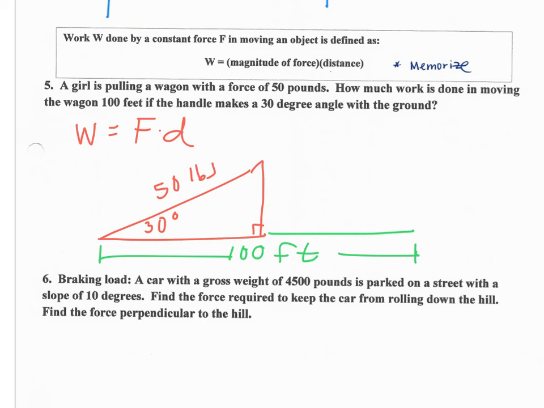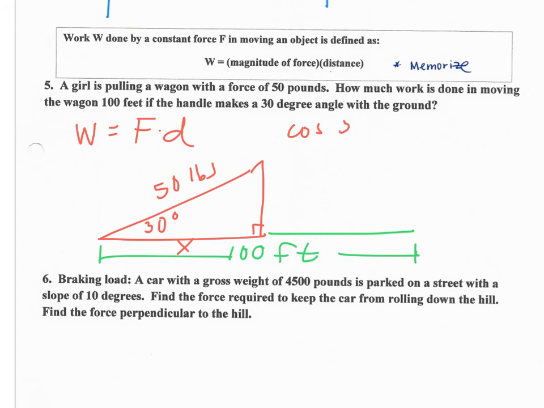If the distance is horizontal like this one, then I need to find the force that's horizontal like this one. So I'm going to put a red X on my triangle. So when I'm trying to find the force, I want the horizontal force on the triangle so it matches the horizontal distance. Okay? Now, to find the horizontal force, just go back to your SOHCAHTOA.